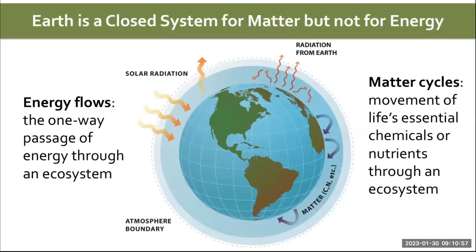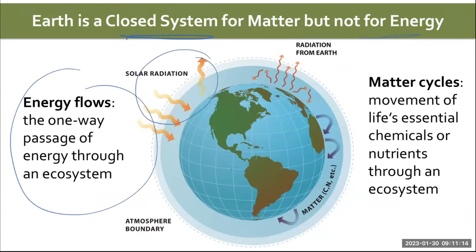Okay, so the key here is the flow of energy. And again, this particular diagram from your book, referring to Earth being a closed system for matter but not for energy, refers to this idea that energy enters in the form of solar radiation and can leave the system in the form of radiation and heat.